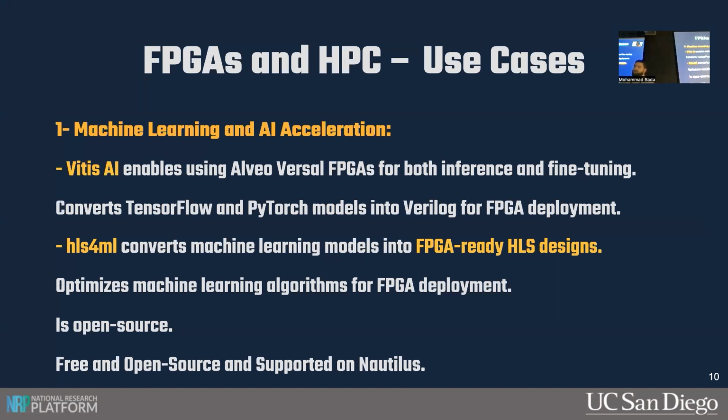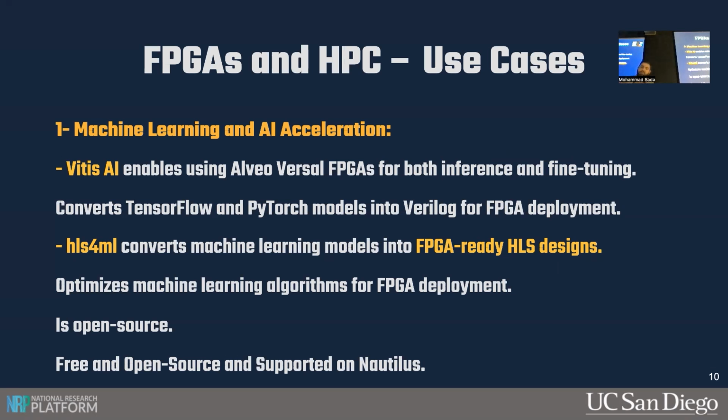It can load transformers just fine, and it offers a very simple pipeline where you have your model in Python, just loaded with one tool, and it's on the FPGA. More importantly, this is a commercial product provided by AMD, but there's also HLS for ML. HLS for ML is completely open source. It's a project by FastML.